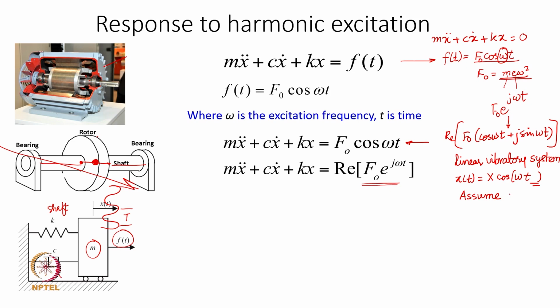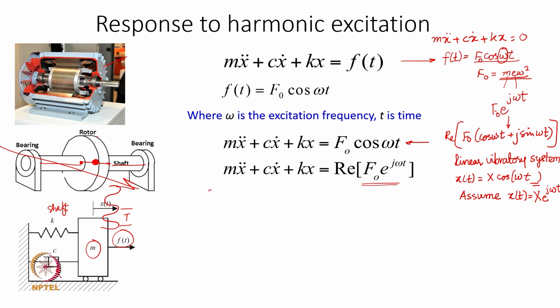Assume the solution of this equation to be given by an unknown amplitude and frequency, of course, for a linear system the same frequency as the frequency of excitation. So, we assume complex harmonic response capital X e to the power j omega t. Okay. So, that is an assumption. With this assumed response we will continue further.